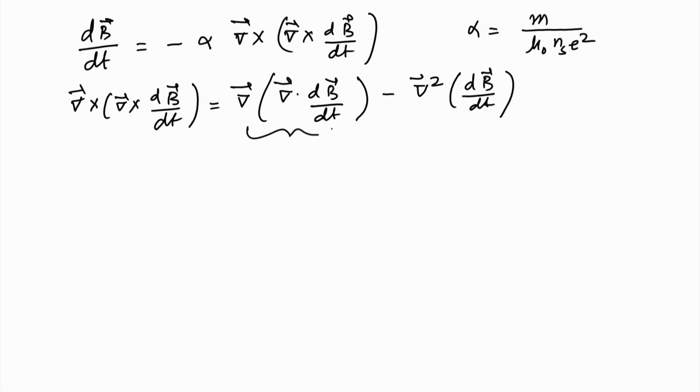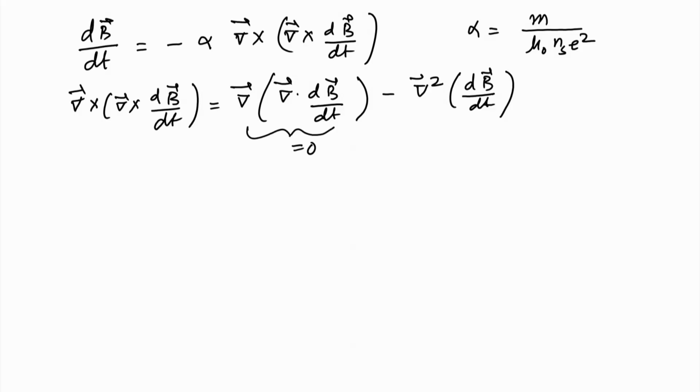Now, this term is equal to 0, because one can swap the order of space and time derivative, and write this as d/dt of divergence of B, which one knows by the second Maxwell's equation is equal to 0.